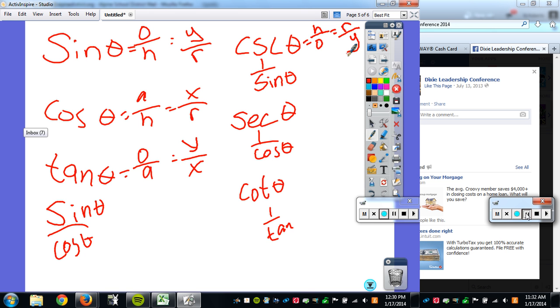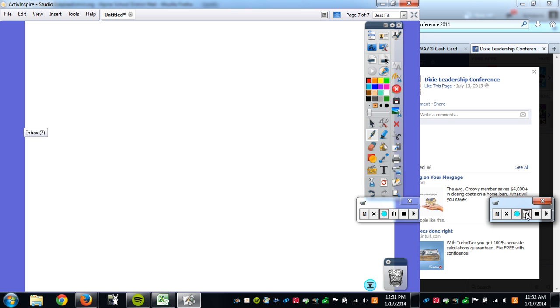The reciprocal of sine, because remember they are reciprocals, right? Does that make sense? And then secant would be hypotenuse over adjacent, or your radius over your x value. What would cotangent be? Adjacent over opposite, or x over y. Okay? So, let's do a few problems really quick.